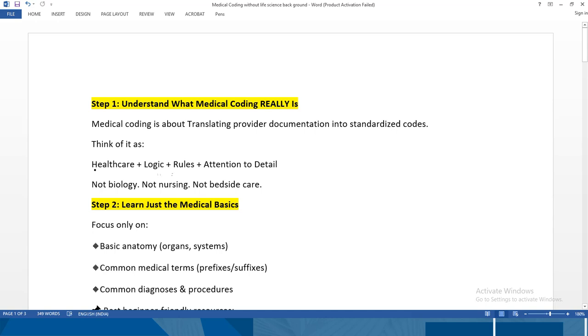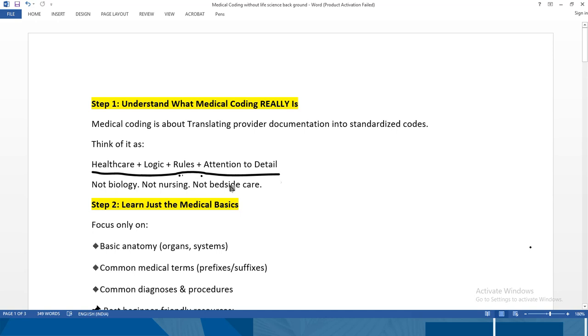You need to use logic, you need to use the rules, and you need the skill of attention to detail. Medical coding does not need biology, nursing, or bedside care. You need good logical skills, the capability of knowing the rules, and attention to detail.